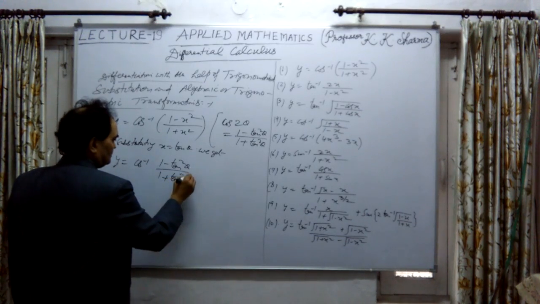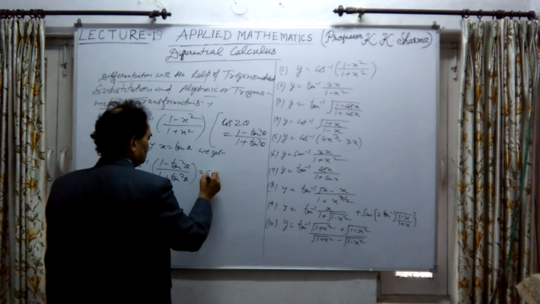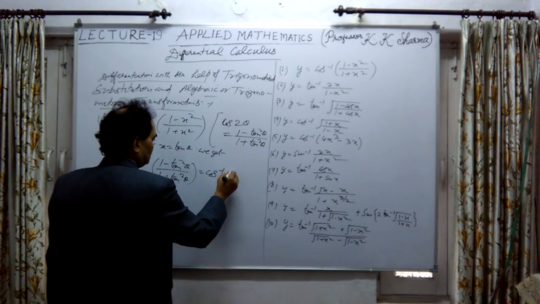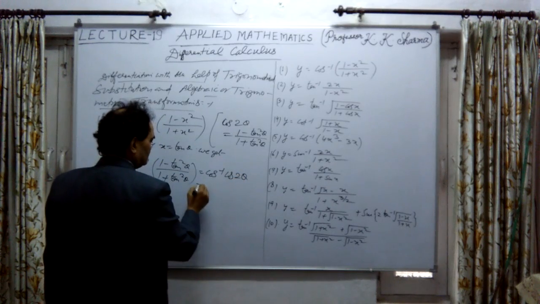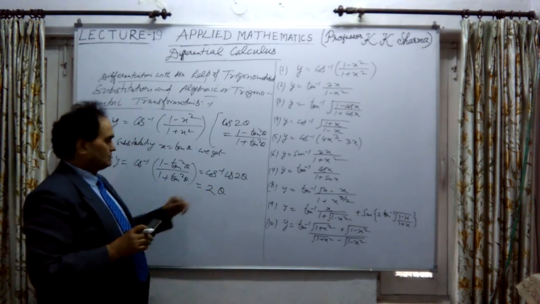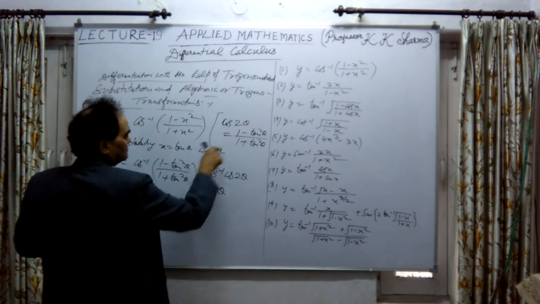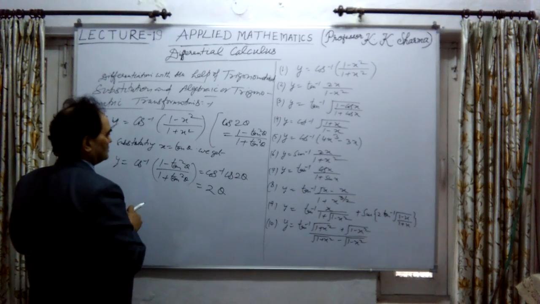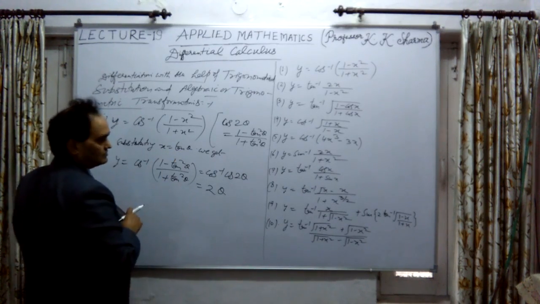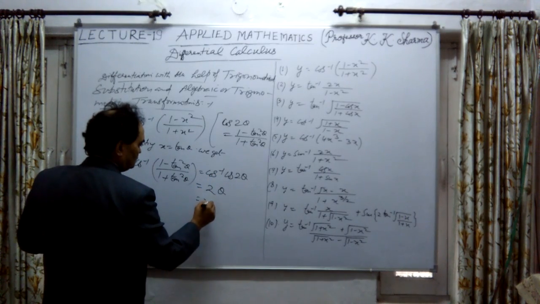This is equal to cos 2 theta, so y is cos inverse cos 2 theta, which equals 2 theta. Substituting theta, since x equals tan theta, theta is tan inverse x, so y equals 2 tan inverse x.